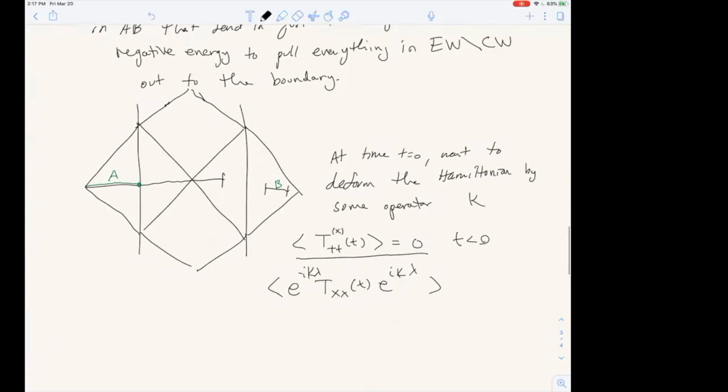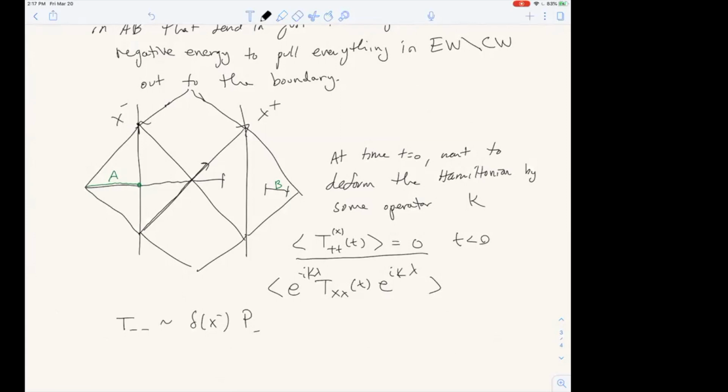Good. So in order to get everything out of this entanglement wedge, how much negative energy do I actually need to send in? And ideally, what I would like is just a pulse propagating along the causal horizon of some amount. So if this is x minus, this is x plus, right? I want a pulse T minus minus that goes like delta of x minus times some number. Let's call it p minus for now.